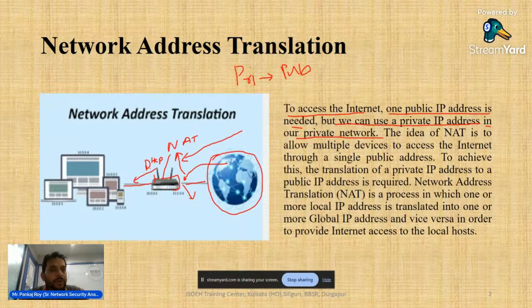In our organization we may have more than 5, 10 or 15 computers, even 50 computers requiring internet access. If the company has to buy 50 public addresses, the cost will be high every month, approximately 50,000 for 50 computers.